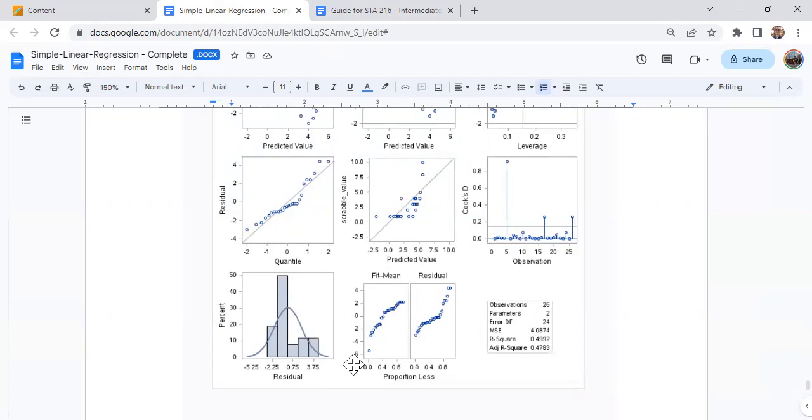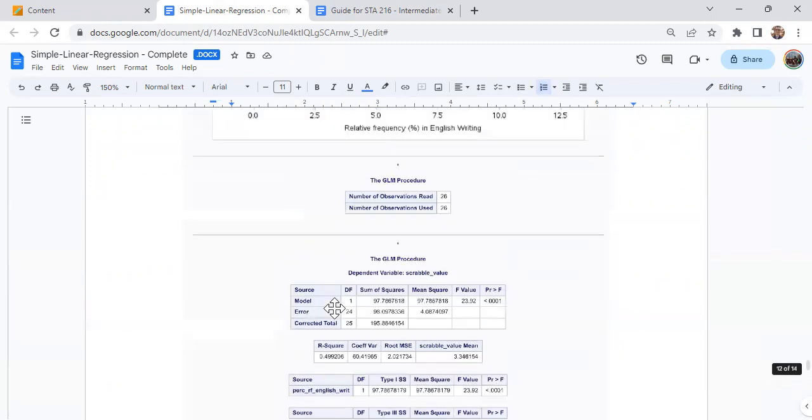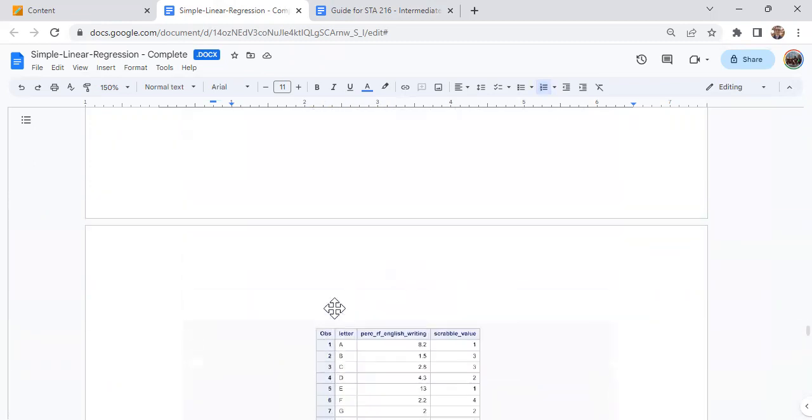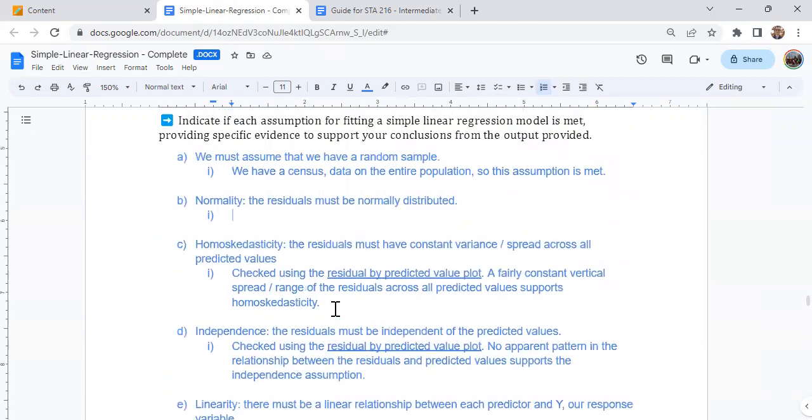Like I said, we're not doing it here because we're just going to keep things a little bit simpler, but that would be the approach. So here we'll say the residuals are somewhat right skewed in the histogram.